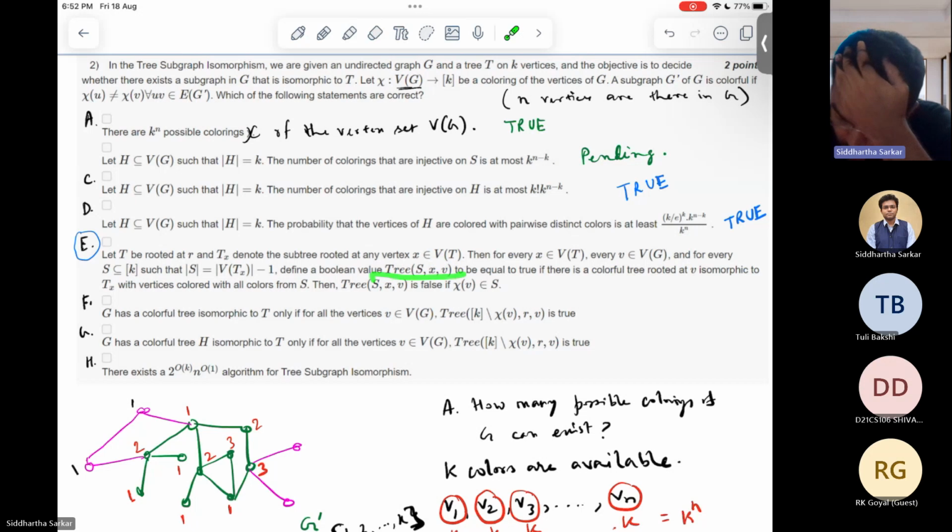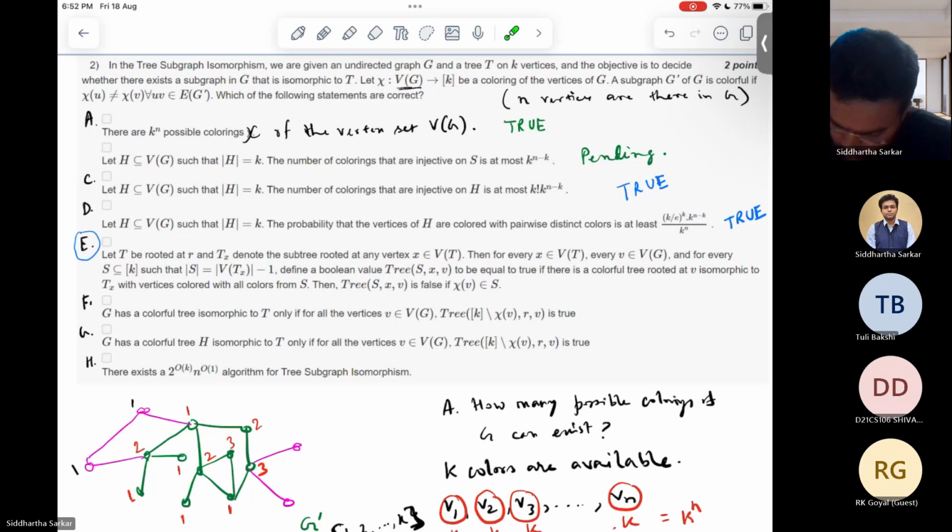And this Boolean variable is set equal to true if there is a colorful tree rooted at V isomorphic to Tx with vertices colored with all colors from S. Okay, so what is the definition of colorful? The definition of colorful is that every edge in the tree has distinctly colored endpoints. So for every edge, the two endpoints get different colors. In that case, we say that it is a proper coloring, or they are saying it colorful.